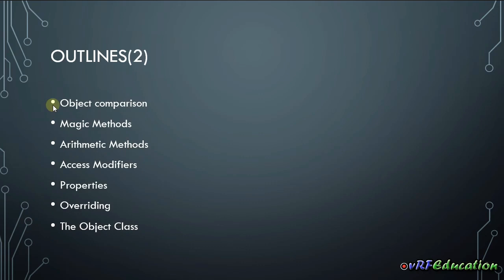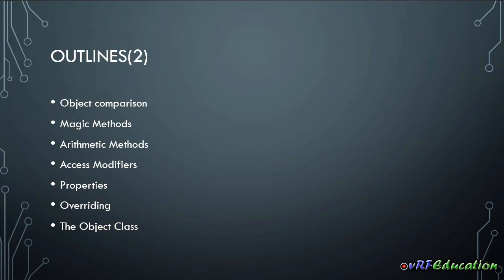But in some other programming languages, we have some equivalents, for example, for magic methods and arithmetic methods. But they are mainly specific to Python, and we will talk about them during this series. And we also will talk about access modifiers, properties, overriding. These are also common between different programming languages. And the object class, that is again specific to Python, and we will talk about it in detail in the next sections.